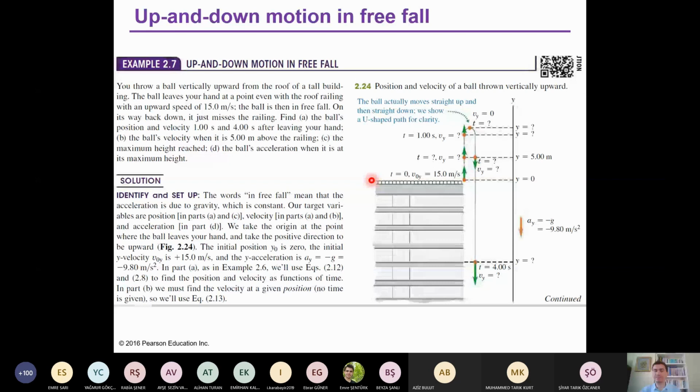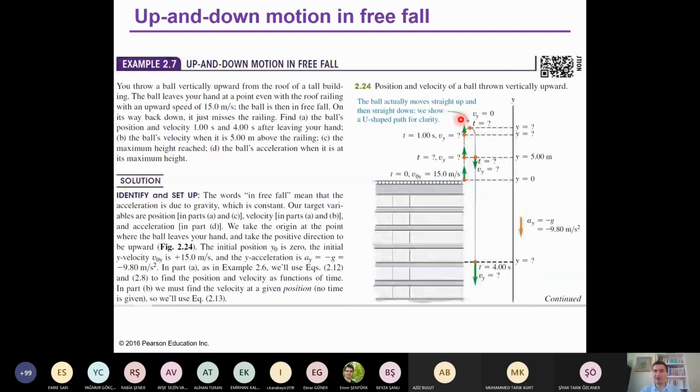You are staying here and then you throw a ball in this direction, okay, upward. The ball leaves your hand at a point even with the roof railing with an upward speed of 15 meters per second. So when you throw the ball, it has initial velocity, okay? You provide this velocity, 15 meters per second.